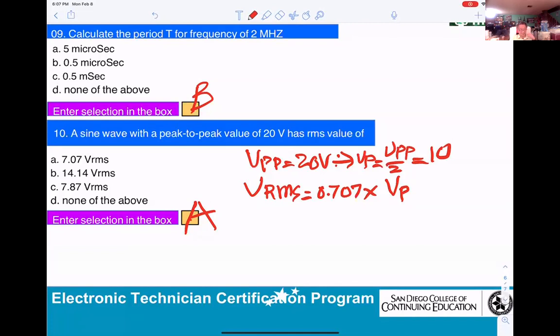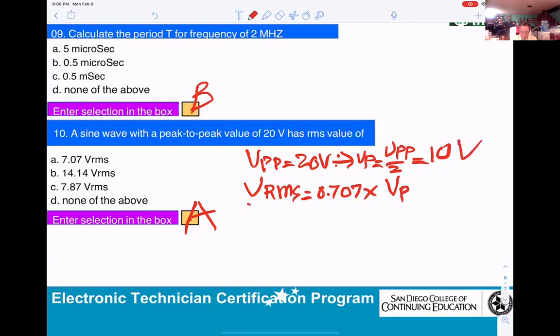Okay, any more questions on this quiz? Could you please go over 10 one more time? Yeah, one more time. You know, peak to peak, they give you 20 volts. So we pick a half, the peak will be 10 volts.